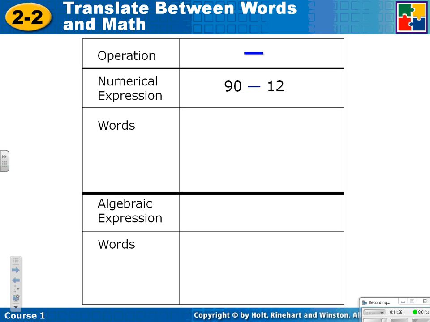What else? The difference of 90 minus 12, or the difference of 90 and 12. That will work. But you need to say it in that order, the same order that's up here. Anything else? How about the most simple one?